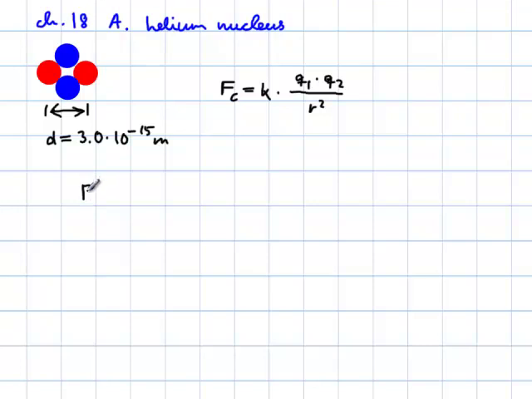So where it says D right here, that becomes my R over here. I just said D for distance, but Coulomb's law writes R for radius or distance. So plug in the numbers here, 8.99 times 10 to the 9th.